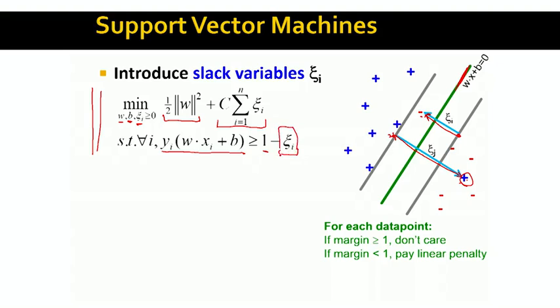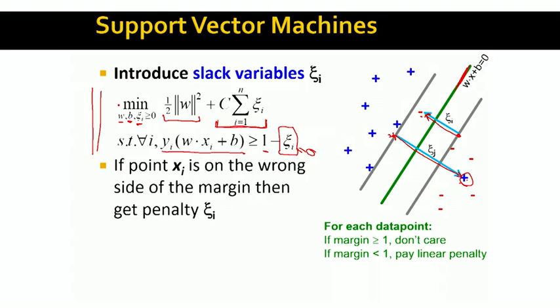So whenever our example is correctly classified, our confidence will be greater than 1, and in that case we'll be able to set the value of psi to 0. Otherwise, we will have to set the value of psi to some non-zero value, which means we will incur some penalty in the optimization problem.